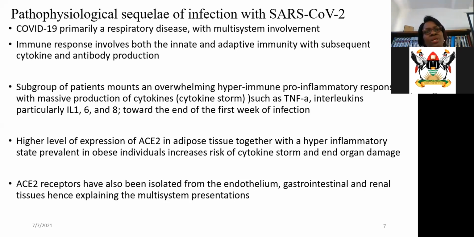The body, yes, tries to fight, gets the cytokines up, the pro-inflammatory and the anti-inflammatory cytokines come into play, antibody production begins. But we know that for a small group of patients, we see these patients mounting an overwhelming hyperimmune pro-inflammatory response, meaning the immune response is an exaggerated response, and it is a pro-inflammatory response, meaning it promotes the inflammatory process going forward.